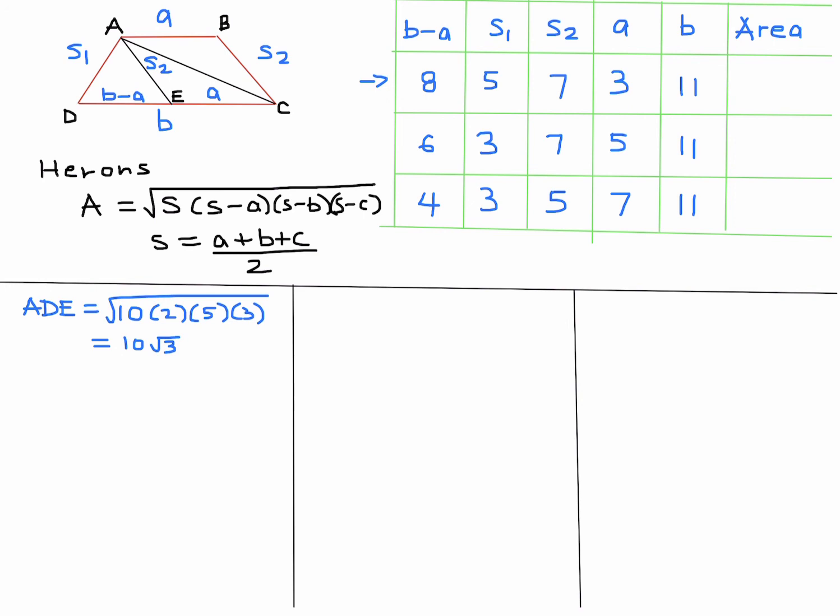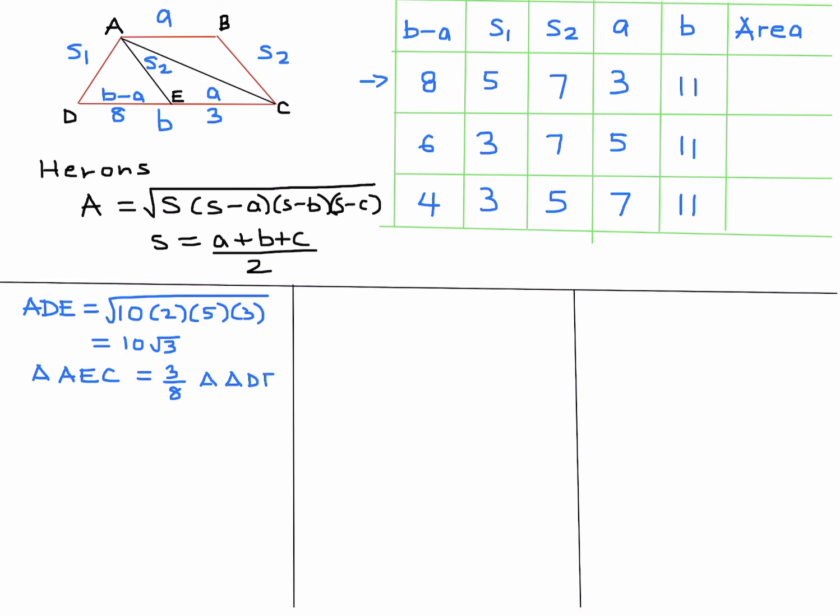Now, if you look at this triangle, if you actually write the values here for B minus A as 8 and A as 3, you will notice that triangle AEC is equivalent to 3/8 the triangle ADE.